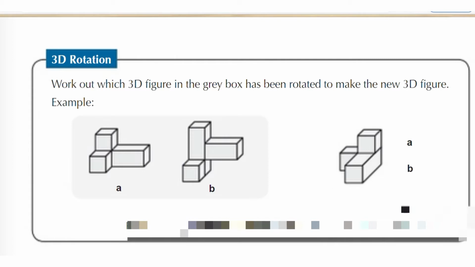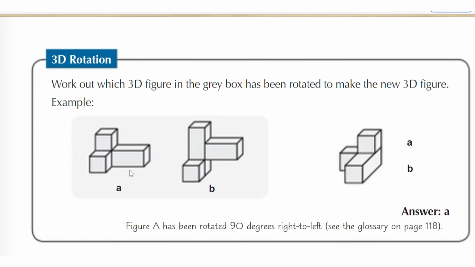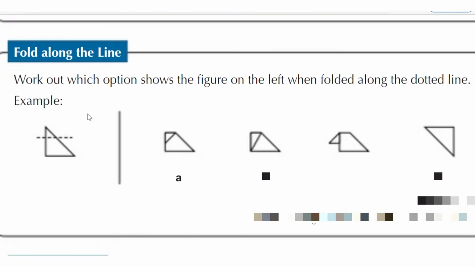And the answer says figure A has been rotated 90 degrees right to left. So from there to there, right to left. And that's why this is facing us, and the short bit is there and there. So that's why it is A.